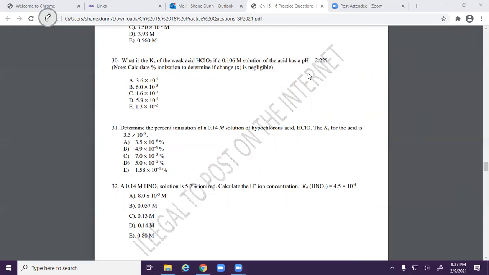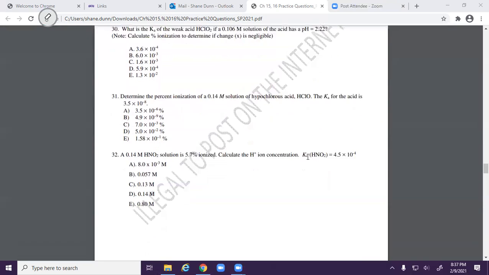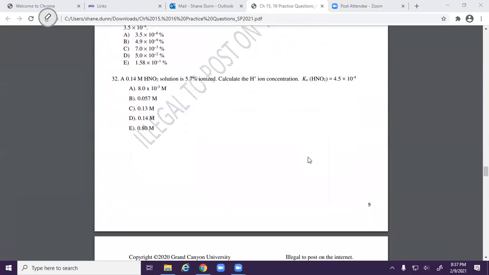32. So 5.7 ionization. Okay. You want to do this the easy way or the hard way? Both.